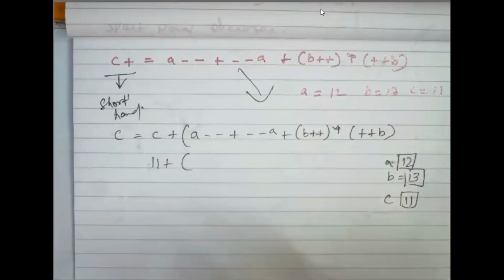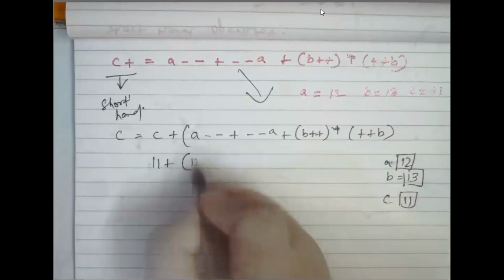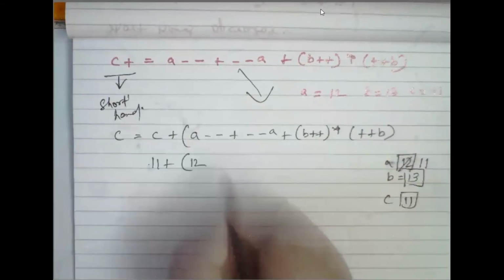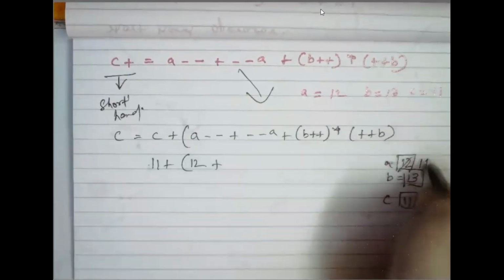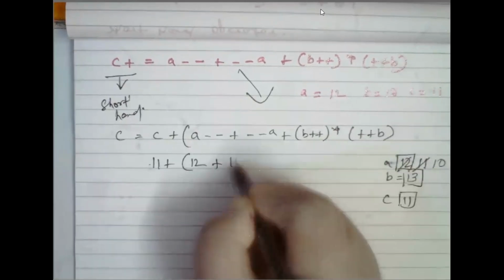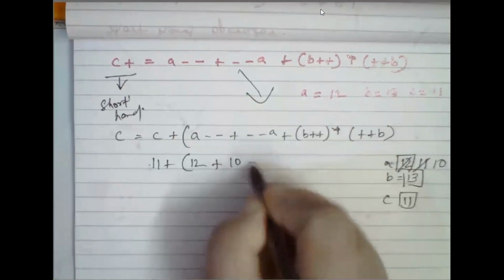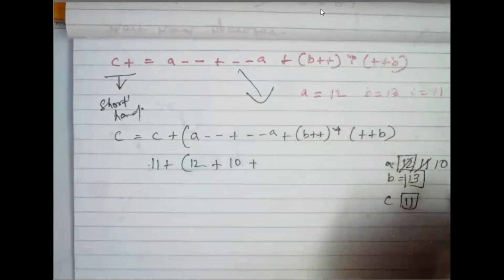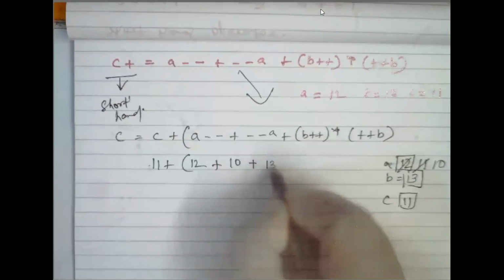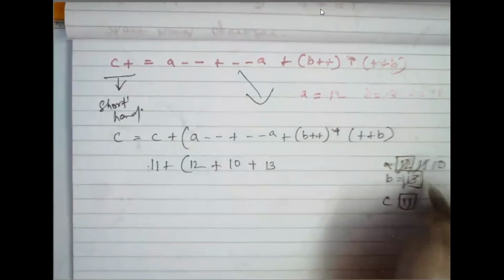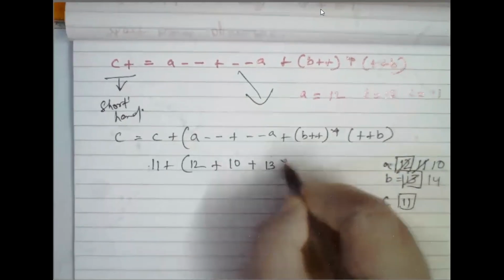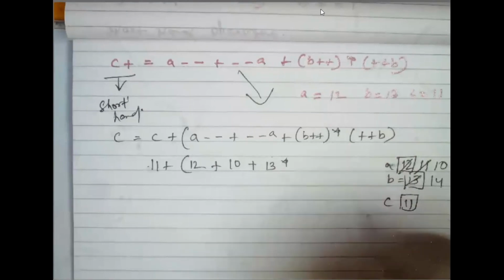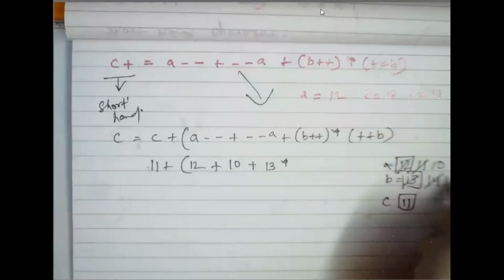So A's first value, 12, will be used, then it will reduce to 11. Plus pre-decrement, so it will reduce to 10, then it will be used here. Plus B plus plus, a case of post-increment, so first it will be used, then it will increase to 14, into pre-increment, so now it will increase to 15.